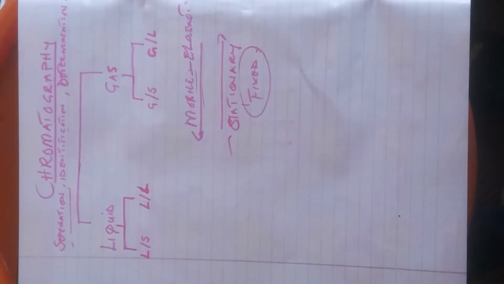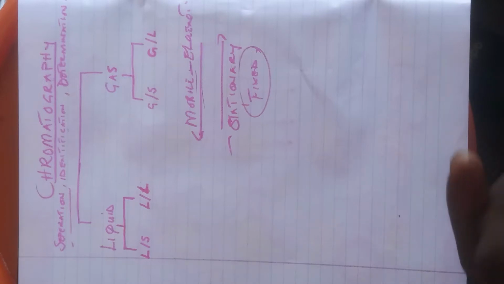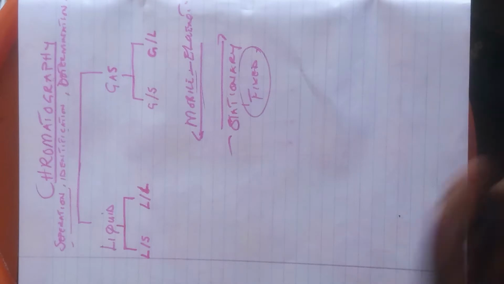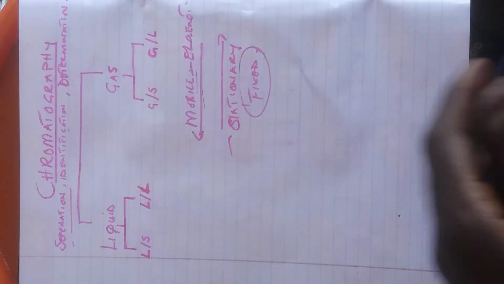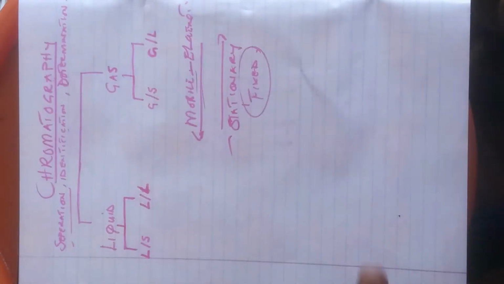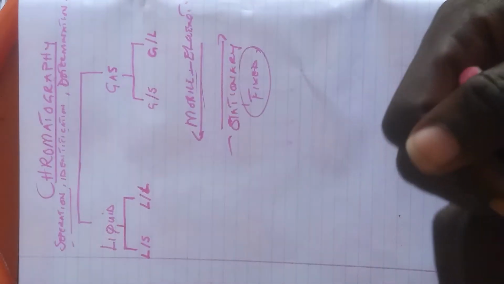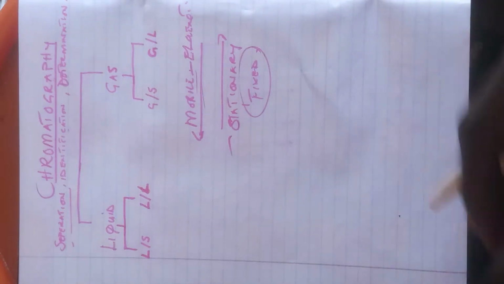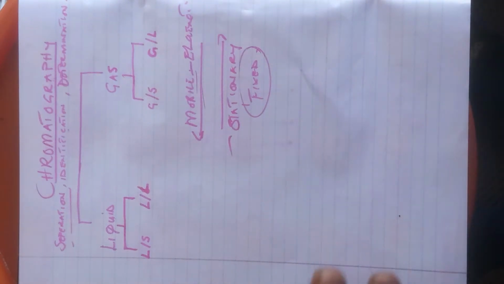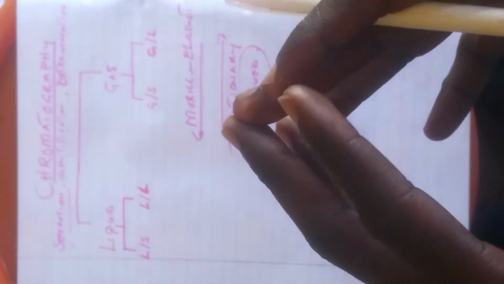Today we are looking at chromatography in analytical chemistry. I'm sure we are done with electrophoresis. We looked at the basic concepts and a bit on the types of electrophoresis. What's left to do is for you, friends, to go through practice and things will be fine.